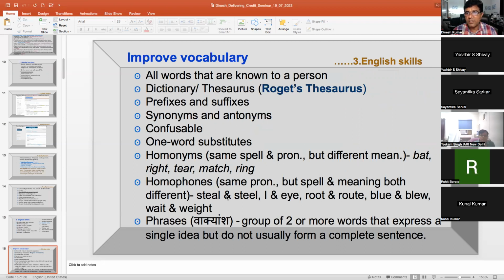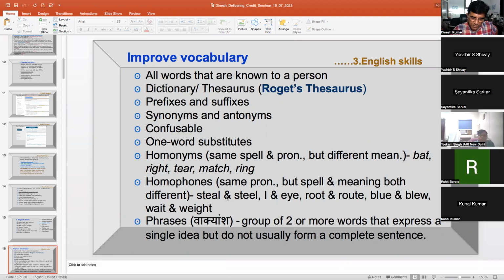Some of you may not know what a thesaurus is. In a thesaurus, you will find many similar words accumulated in one place, and their antonyms are given on the same page. That way you can learn a variety of words. They are not exactly synonymous words, they may be some similar words.